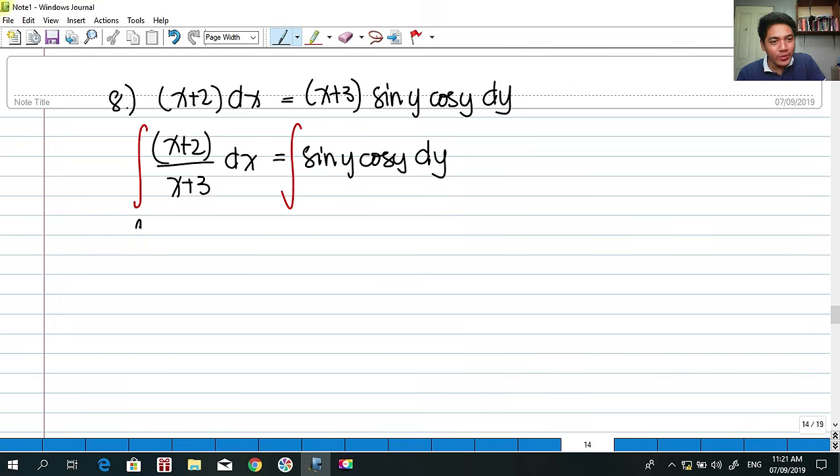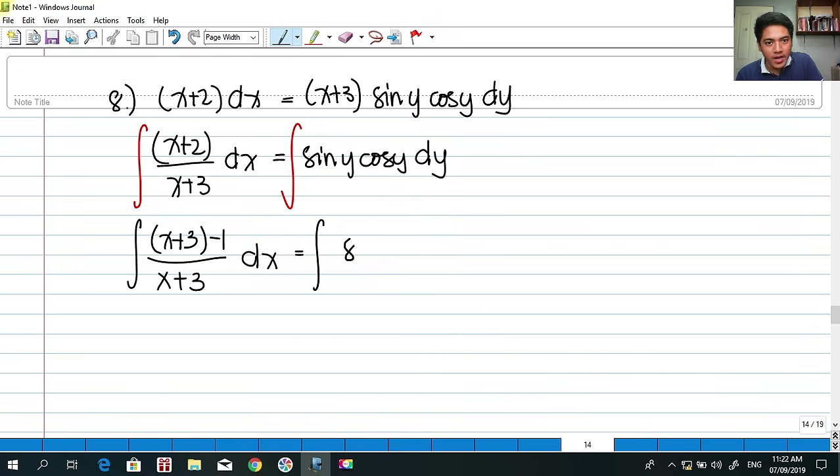So I'm going to rewrite this equation as (x plus 3 minus 1) over (x plus 3) dx, and integrating this sine of y cosine of y dy.